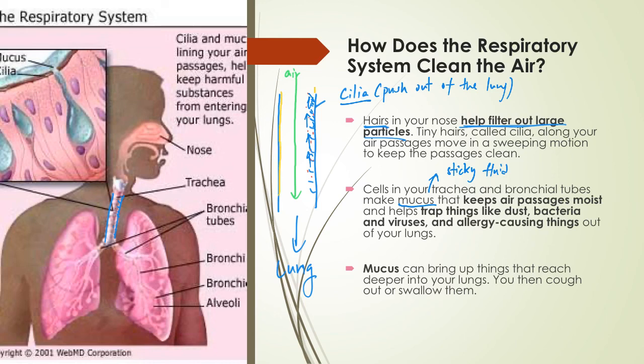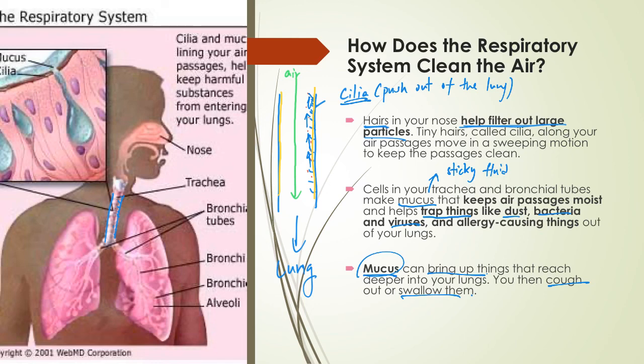This helps to trap things you do not want, like dust, bacteria, and viruses, which can help to protect you. With the help of the cilia, eventually this mucus will be brought up, and you can either cough it out or swallow it.